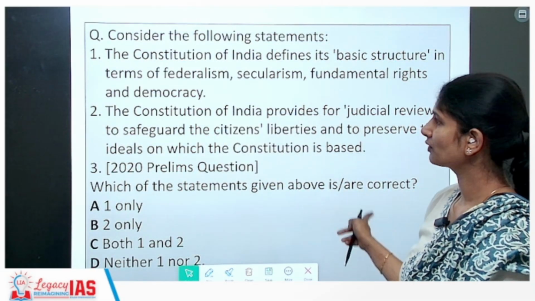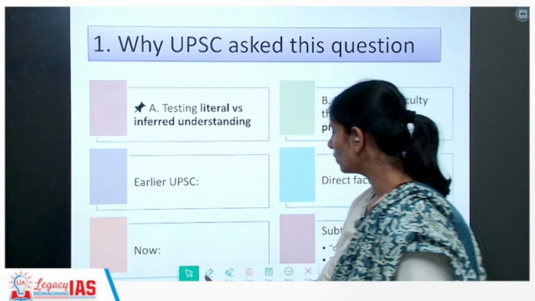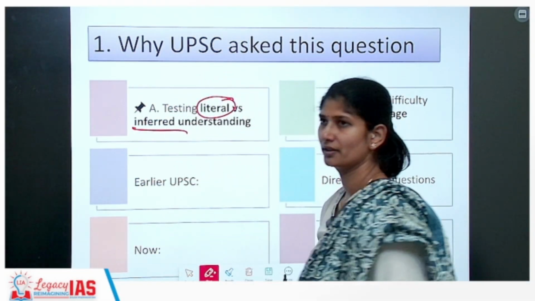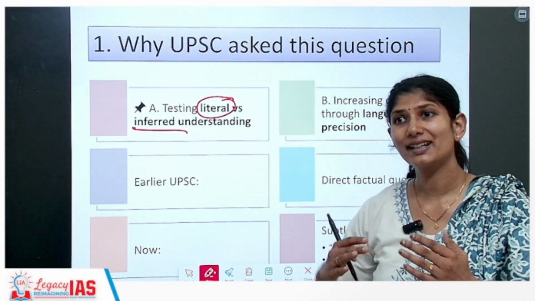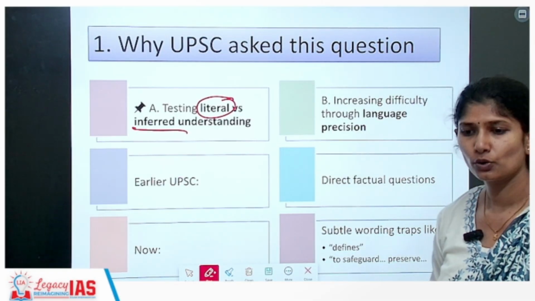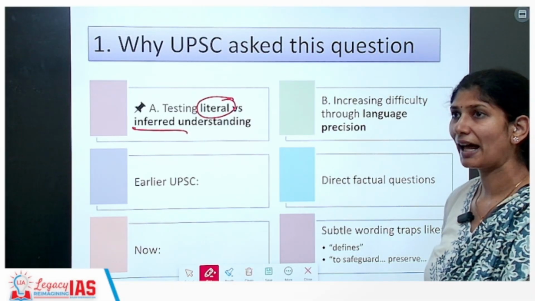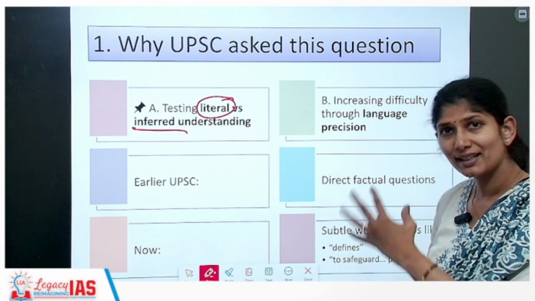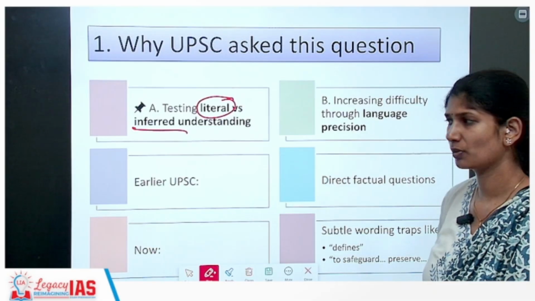So here what you have to understand, or why UPSC is asking this question is, you have to find the difference between the literal and inferred. Literally, is the word basic structure there or is it inferred from the Constitution? So these terminologies are something that you have to be very careful about. Okay, this language precision, was it used, is it in the Constitution, or was it inferred from the Constitution? This has to be important.